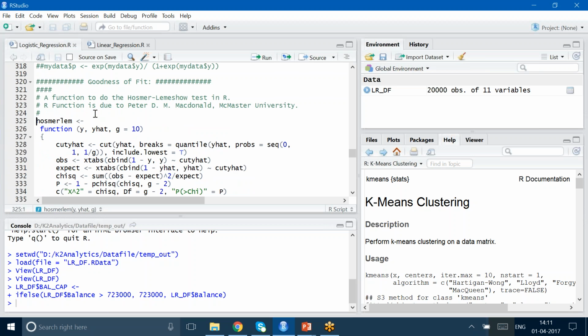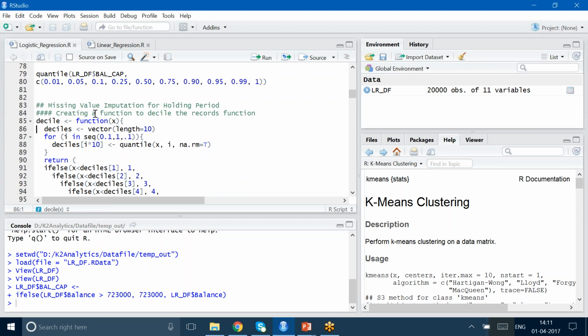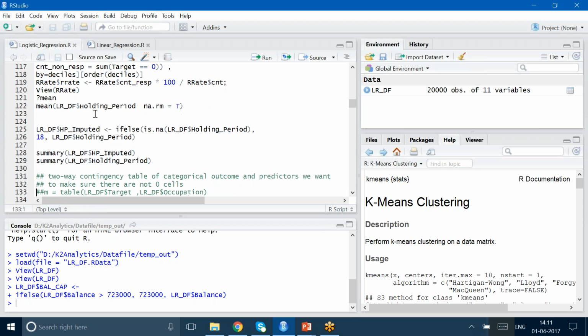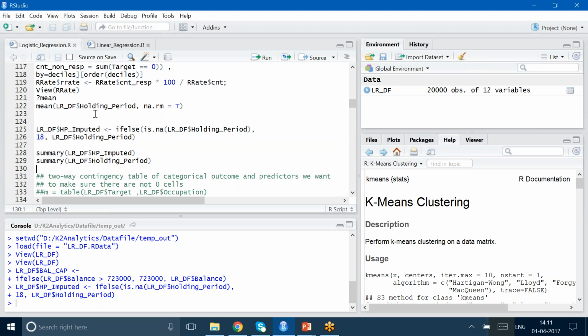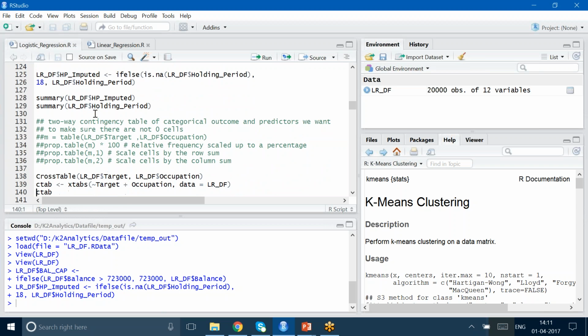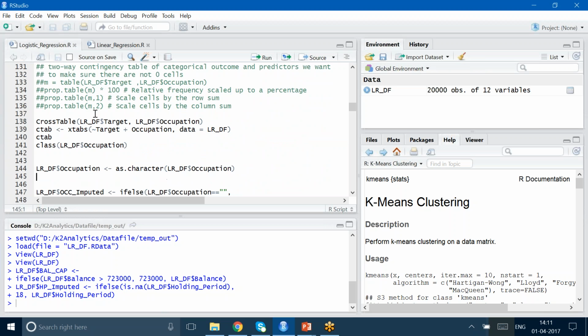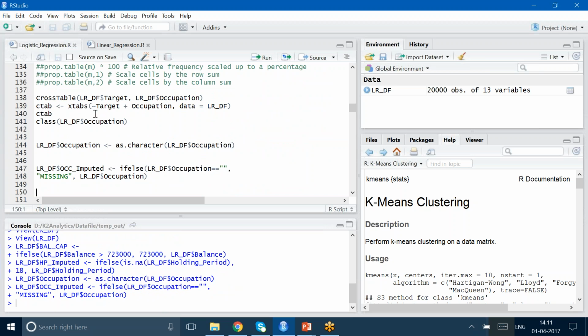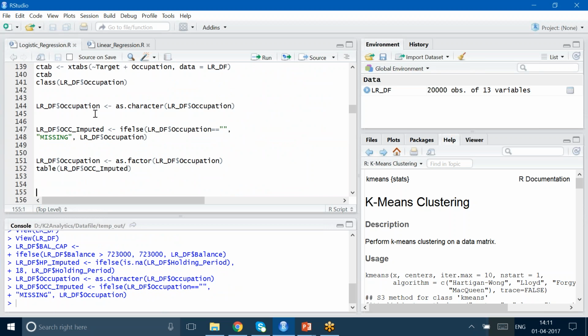Holding period imputed, okay, this is what we require. Occupation, we have to cast it as a factor, and then we have imputed the missing to missing. Okay, all these steps we had done.